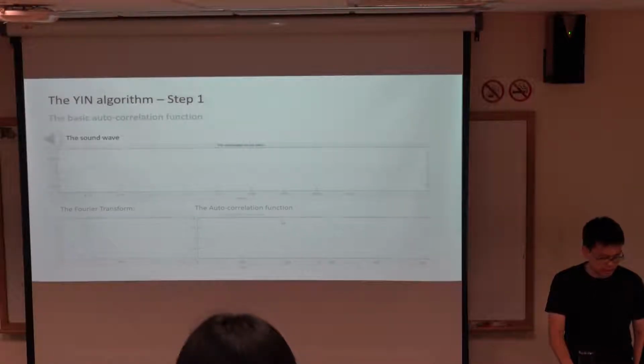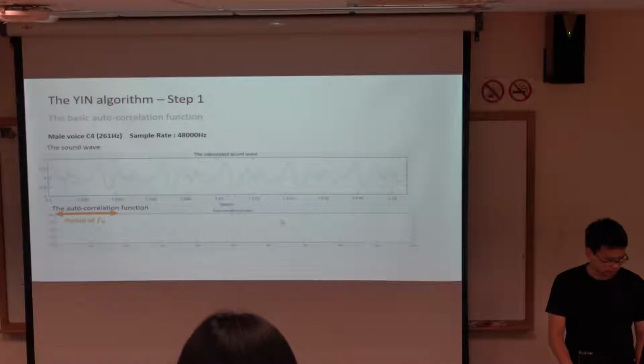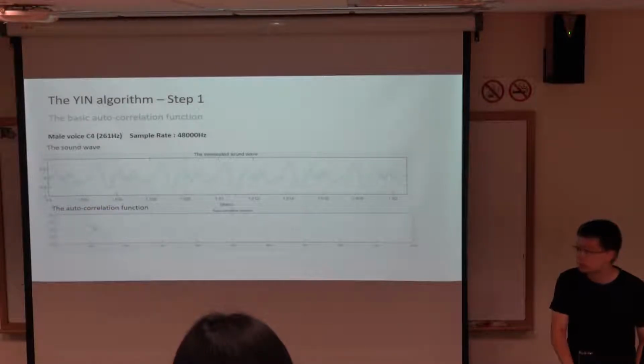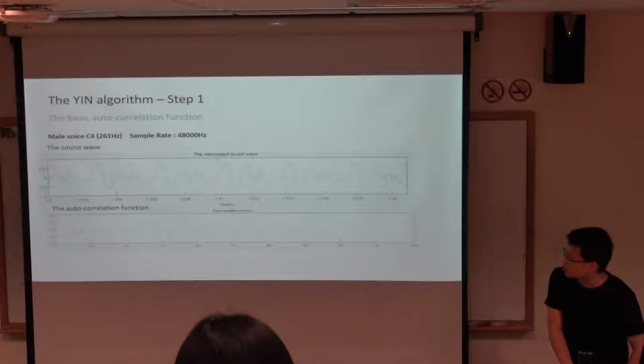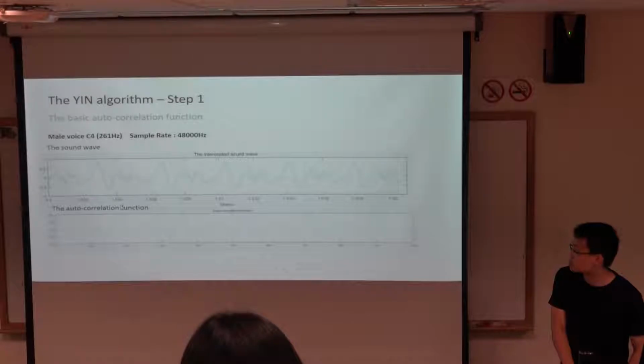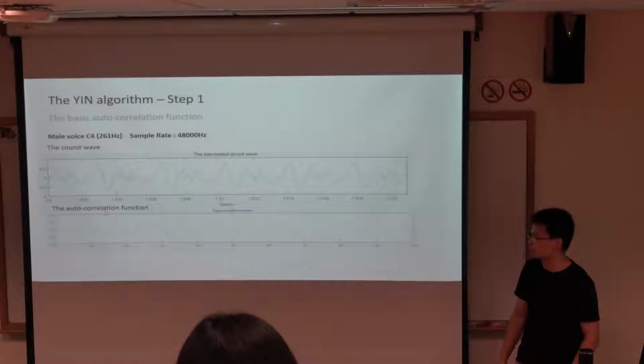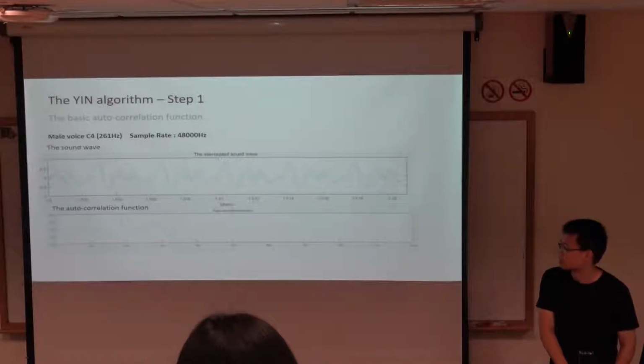If you remember this figure, here also appears a maximum. And why do we want to choose this maximum other than this? Because it's much higher. And this maximum only stands for some frequency partials, and this stands for the fundamental frequency.